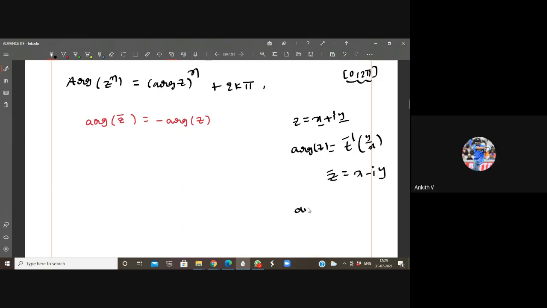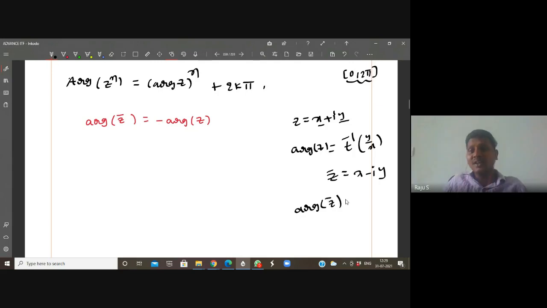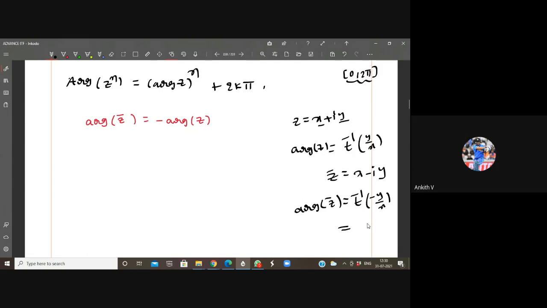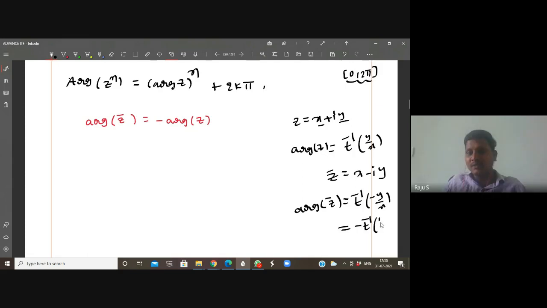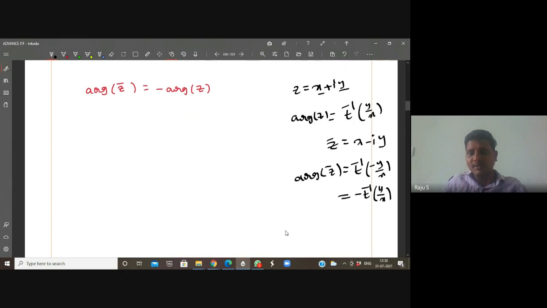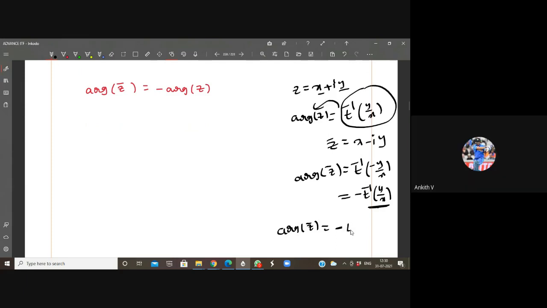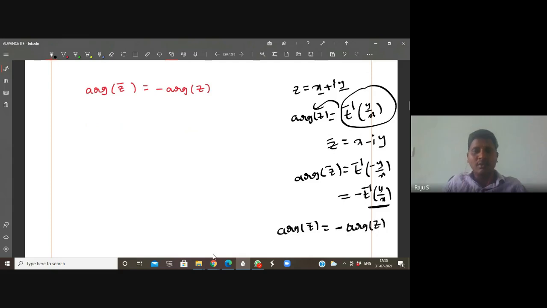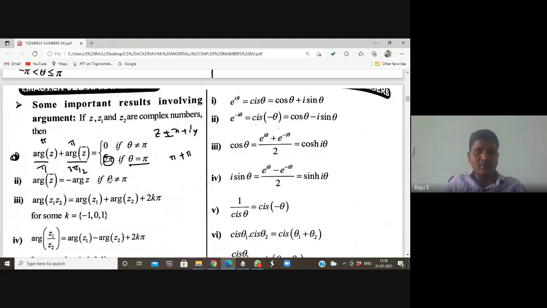Minus y by x. Argument of z conjugate is equal to tan inverse of minus y by x. Okay, what is tan of minus theta? Minus tan theta. Shall I write this as minus tan inverse of y by x? Yes or no? From this, the LHS value is argument of z conjugate. This is equal to minus of whatever this tan inverse y by x is equal to, argument of z. Yes or no? Whether we are getting this property or not.